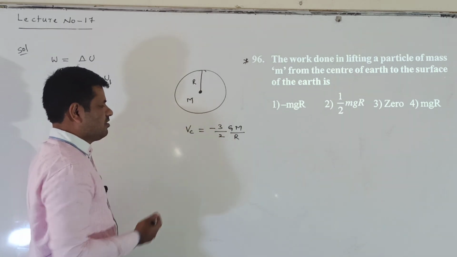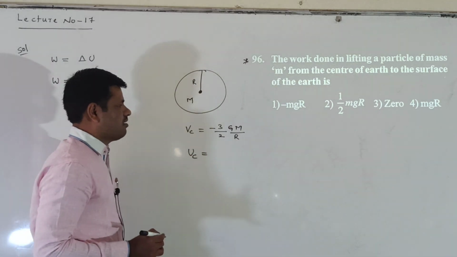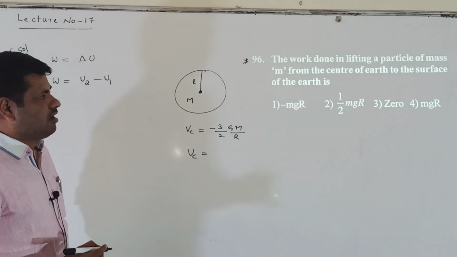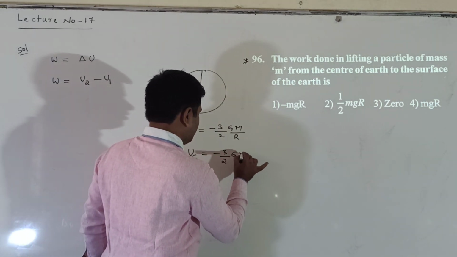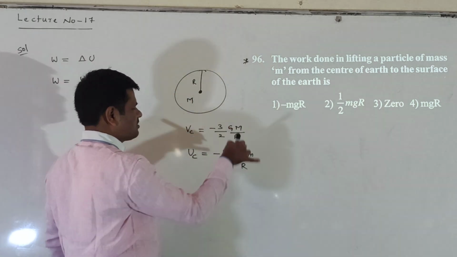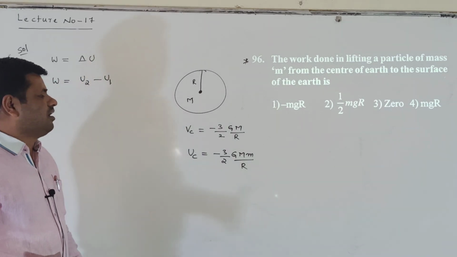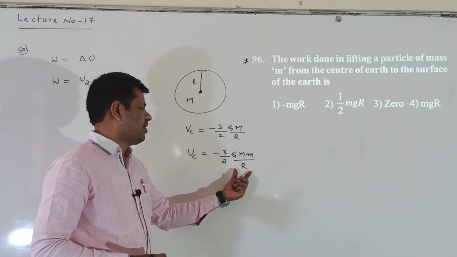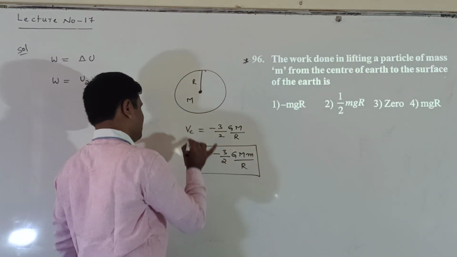But we know that potential energy at the center is potential multiplied with the mass of the particle, small m. So minus 3 by 2 into GMm by R. That is the potential energy at the center of the earth.